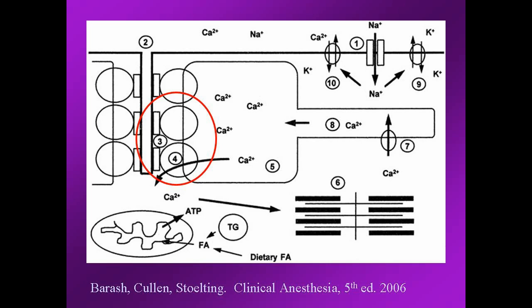This signals the sarcoplasmic reticulum to release calcium through a channel in the ryanodine receptor into the interior of the cell. This increase in intracellular calcium then causes the contractile proteins of the cell to overlap and therefore contract. It also tells the mitochondria to start producing more energy for the cell.